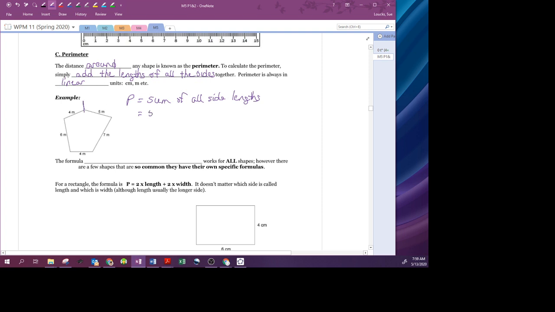So it's going to be 5 plus 7 plus 4 plus 6 plus 4. I'm just adding them up in order. When I'm writing it down, I probably don't need that mark, but if I do it in my calculator, it's really handy to know where I started and where I'm going to end. If I add those up, I get 26, and I need my units, which is meters. So there's my answer.